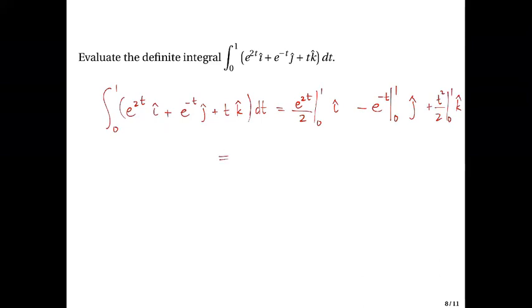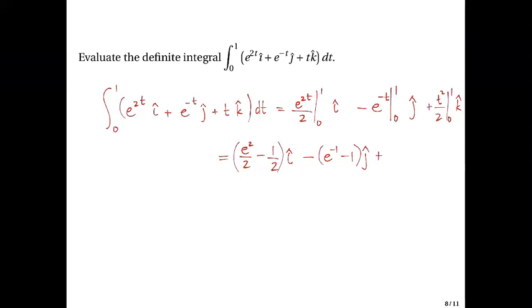So evaluating each component here. At 1, we have e squared over 2. And then at 0, we have e to the 0 over 2. So minus 1 over 2 i hat. And then here we have minus e to the minus 1, then minus e to the 0, that's 1, and then j hat.